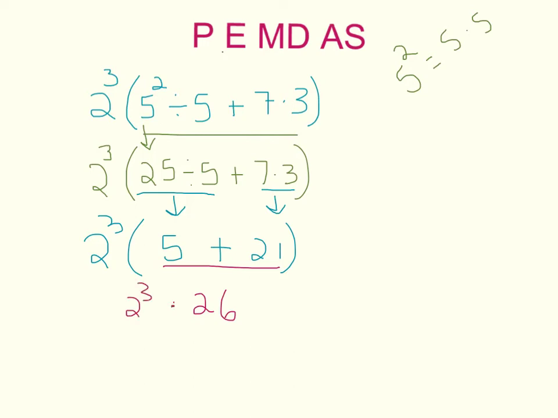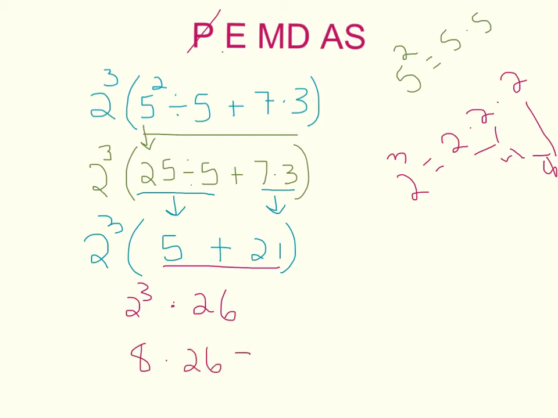Alright, so we finally have done all of the parentheses, and we can do this other exponent. 2 to the third. So 2 to the third means you have 3 2's. 2 times 2 times 2. And 2 times 2 is 4, and then 4 times that last 2 is 8. So this becomes 8 times 26.